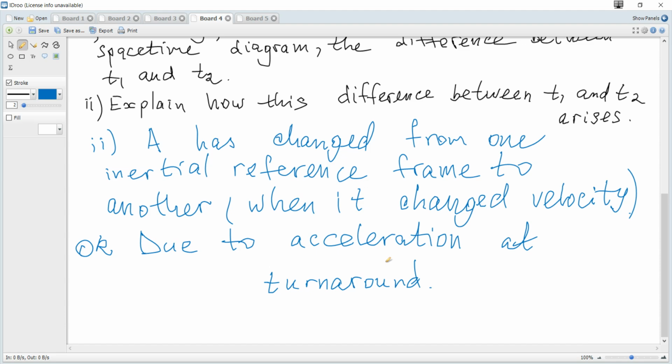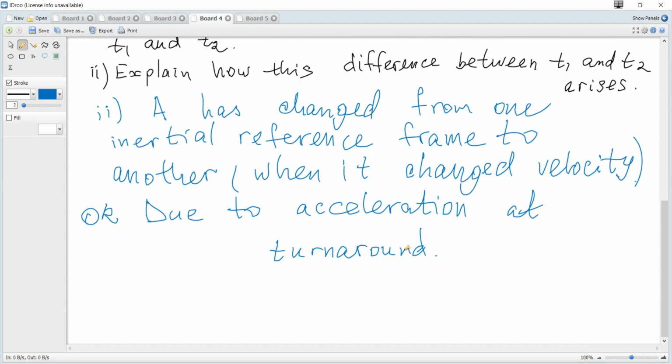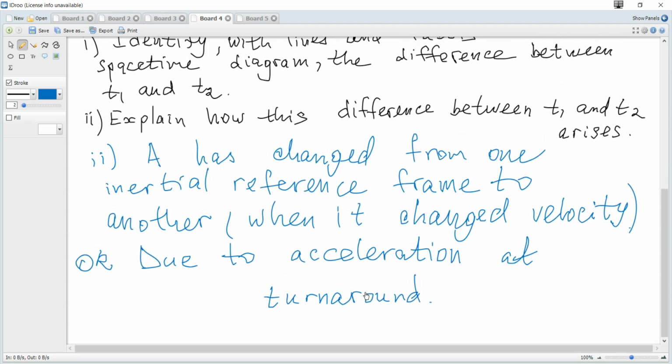Definitely at turnaround there is a force, since it changes direction. To change direction there must be a force, and force implies acceleration. And that's all for this question.